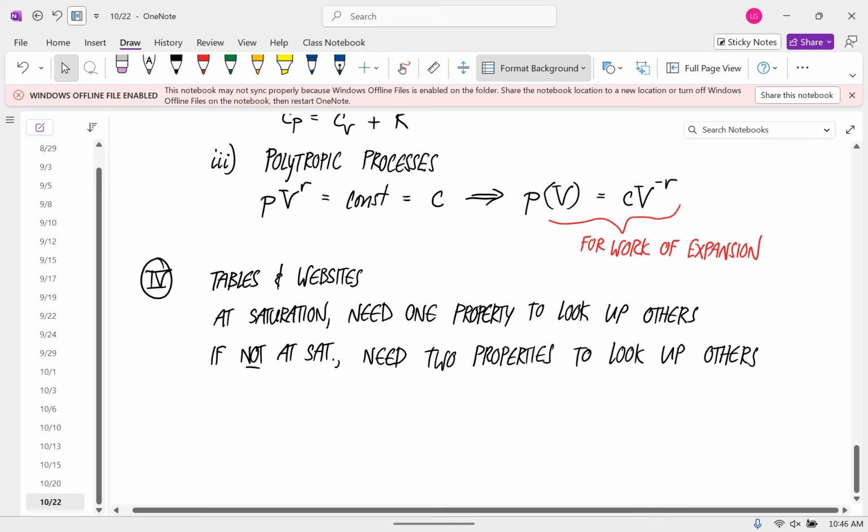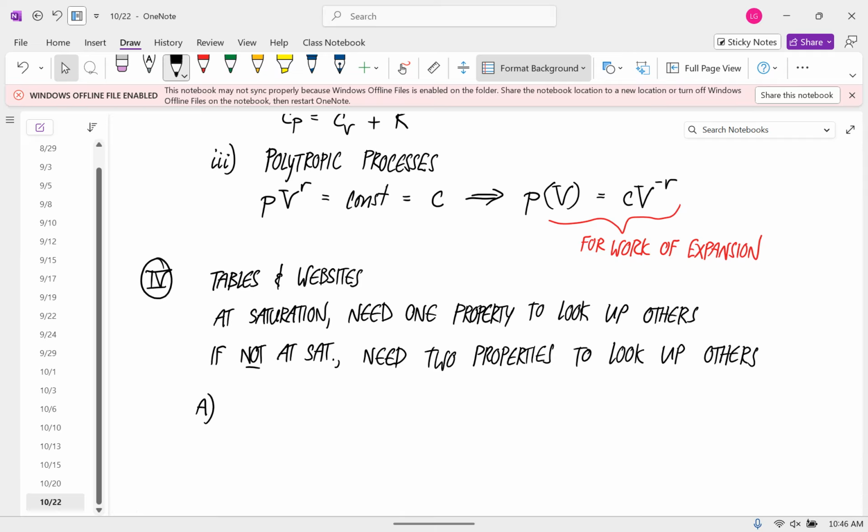And then we did this one little subsection, which is interpolation. With the website, you don't need this at all. If you're using the tables, you need to use this.